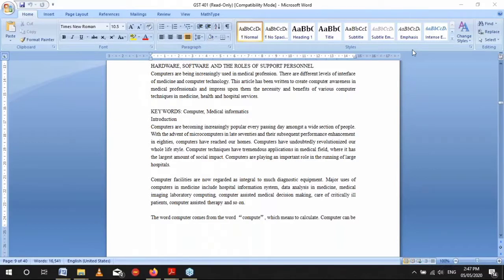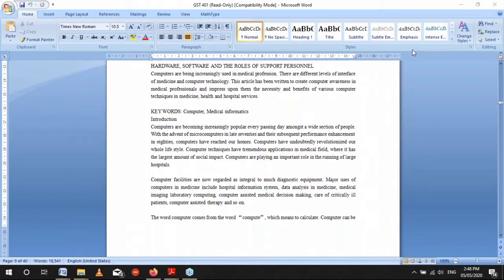So we want to now look at components of computers. You remember that the subheading we are talking about has to do with software and hardware. So we want to look at components of computers right now. And hardware is number one component. Hardware, what is hardware in computer?